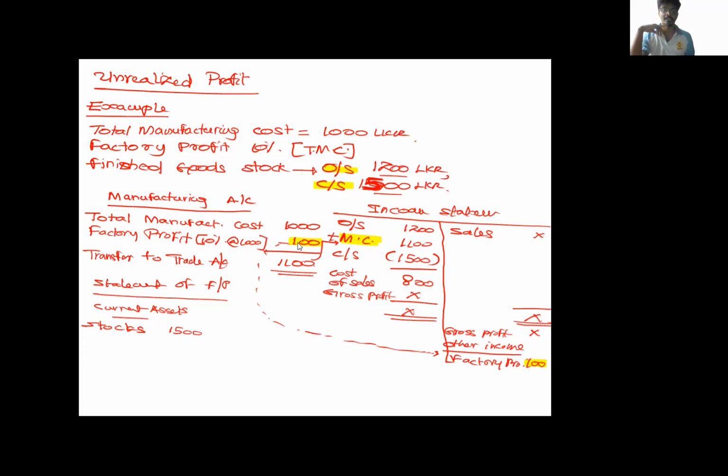ඒ නිසා අපිට මේක ගැළපිල්ලක් කරන්න වෙනවා. We need to do an adjustment. For that purpose, we should do an adjustment for unrealized profit. උපලබ්ධි නොවූ ලාභ adjustment එක කරන්න.